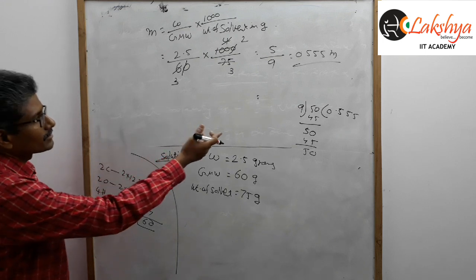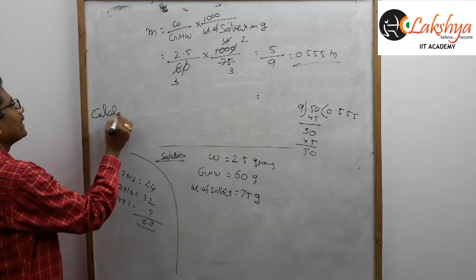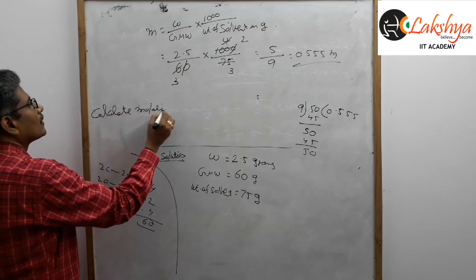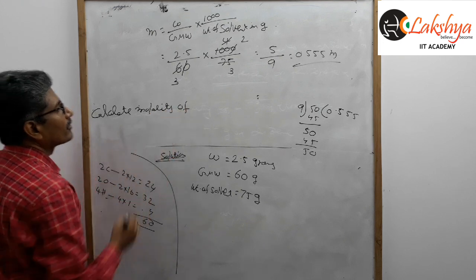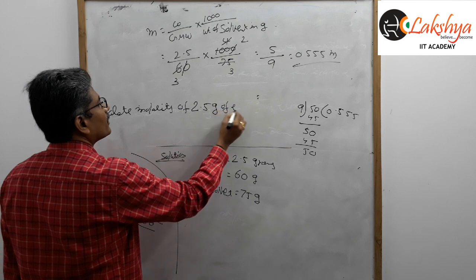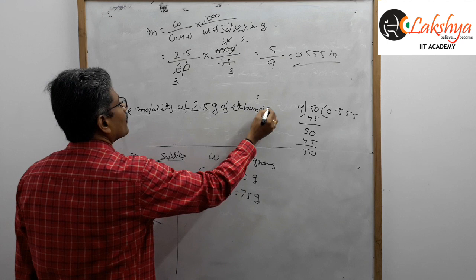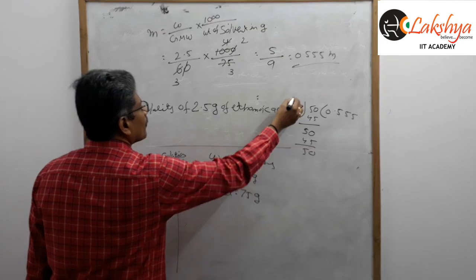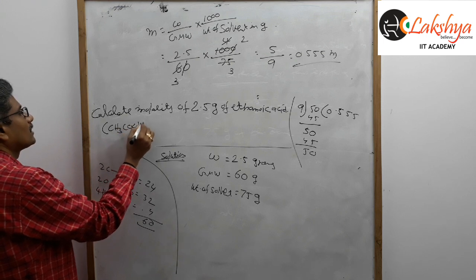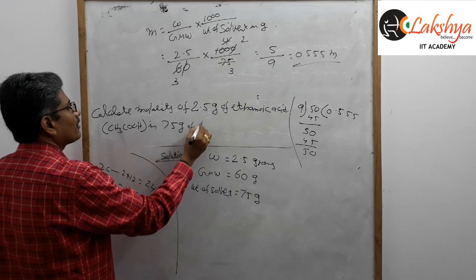The problem given here, of course, it was removed. Once again, I am writing: calculate molarity of 2.5 grams of ethanoic acid, in bracket CH3COOH, in 75 grams of benzene.